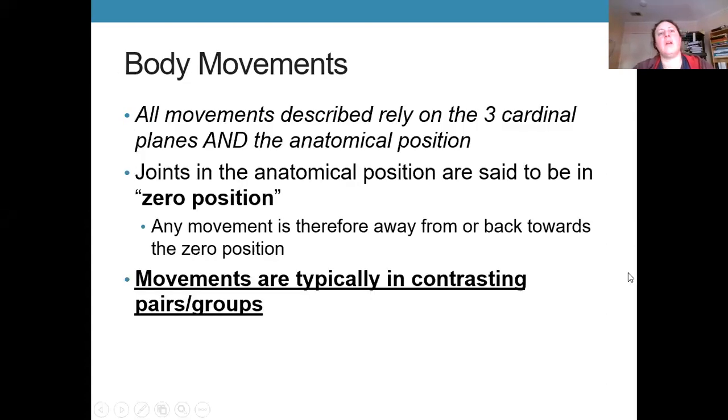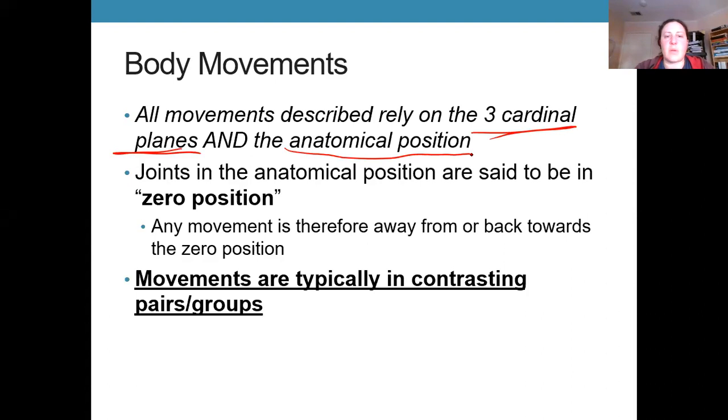Okay, so when we look at body movements, we're going back to those same three planes we talked about, right? Sagittal, frontal, transverse, and we're going back to that anatomic position. So remember that the anatomic position is standing with your palms forward, arms by your side, head forward.